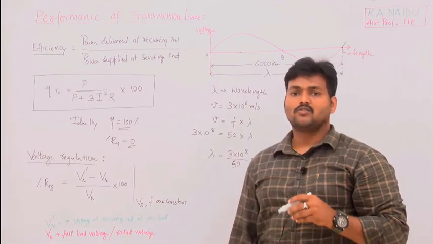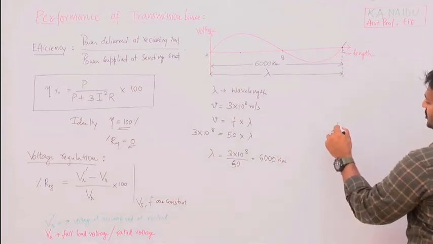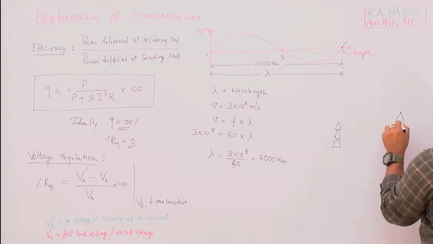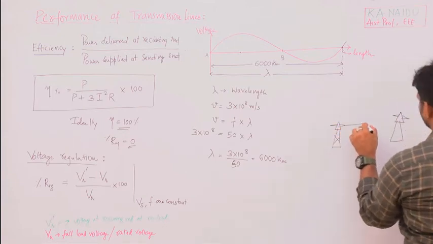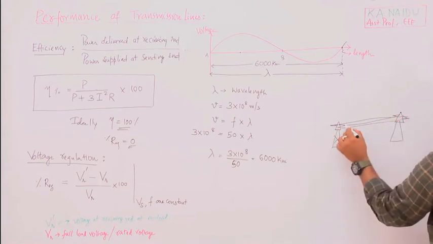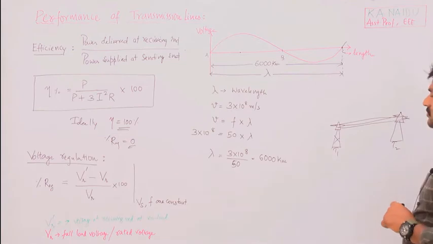So if the length is small, suppose assume that this is one tower, this is another tower, and this is the transmission line from this tower to this tower.